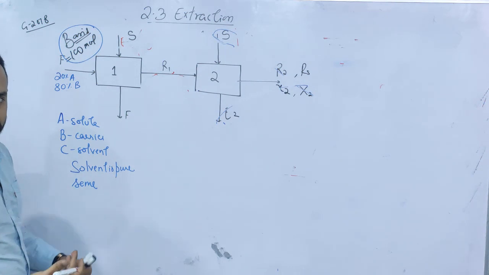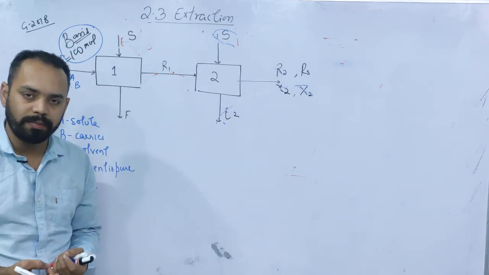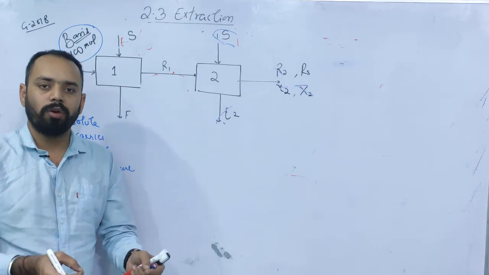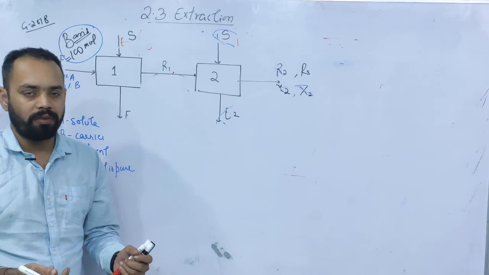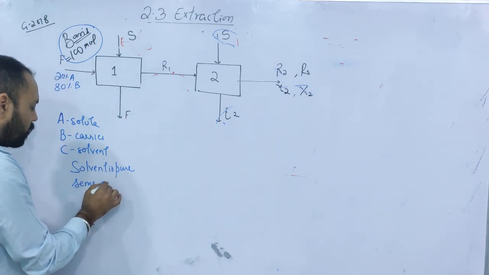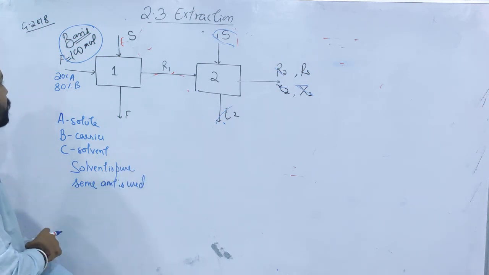As I told you in the discussion in the theory part, that in multi-stage cross current, if nothing is mentioned, then by default we assume that in both the stages same amount of solvent is going and same concentration of solvent is entering, right? So solvent is pure and same amount is used, right?